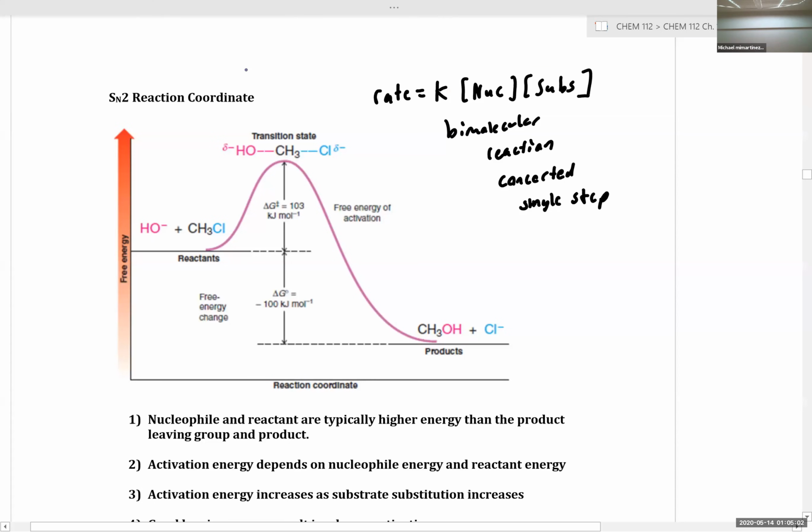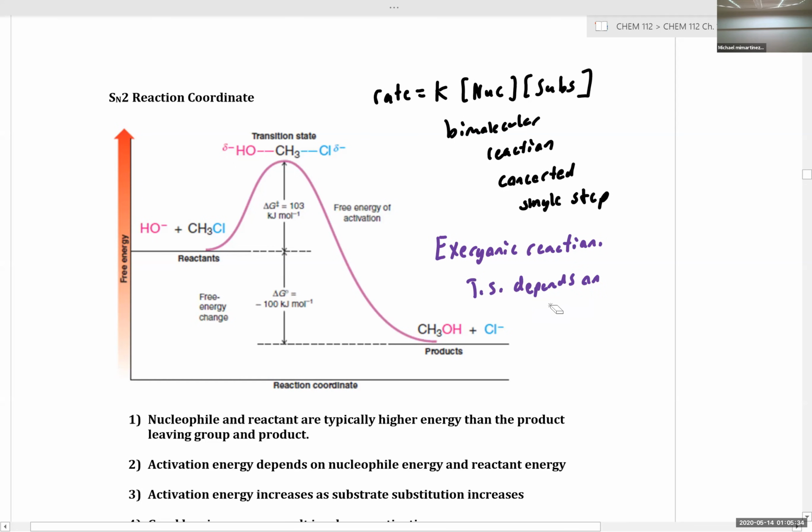Now, what else do we notice about this reaction? Is it exergonic or endergonic? Yeah, so this is an exergonic reaction where the transition state depends on the reactant.